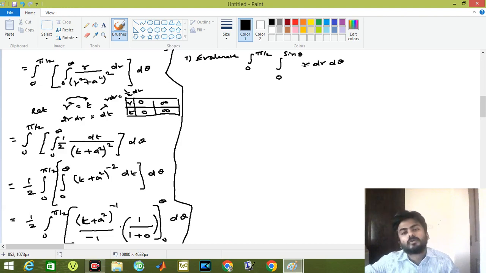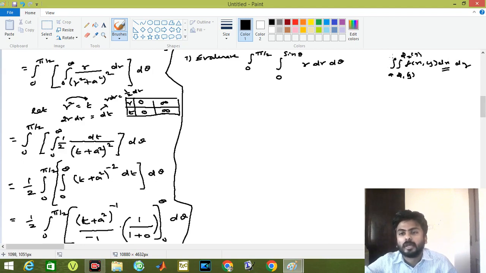How to check that? You should not get confused. Here the limits are variable limits. In a double integral of f of x comma y dx dy, how do we identify the correct limits? Since the limits are functions, they should be functions of the second integral operator.